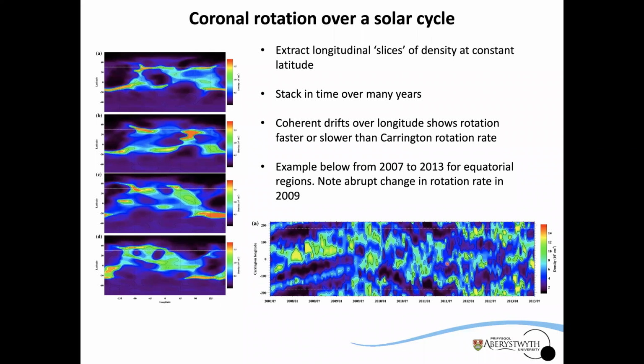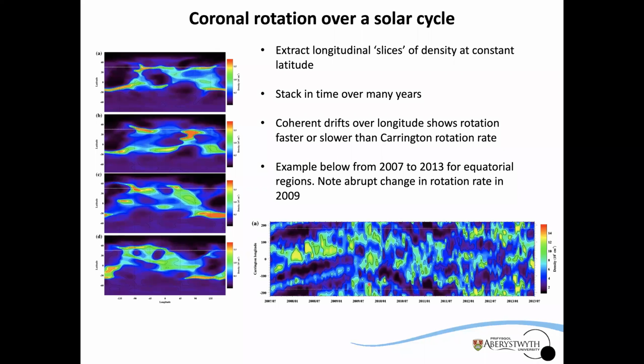This shows an example for the equator from 2007 to 2013. And what we notice are coherent drifts of streamers over many, many years. Now, at the start of the solar cycle, the years surrounding solar minimum, the drift is positive here in Carrington longitude, which means that the streamers are rotating faster than the Carrington rate.